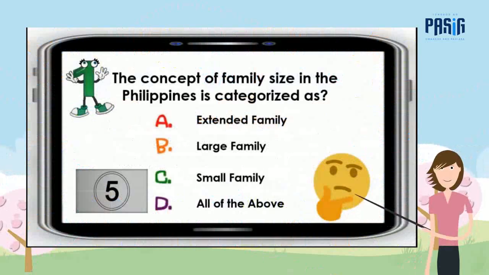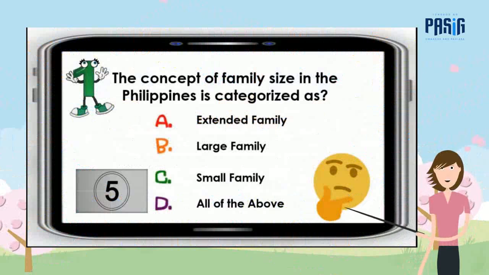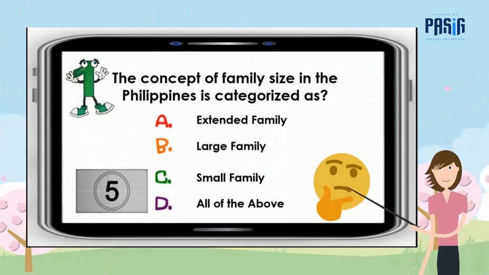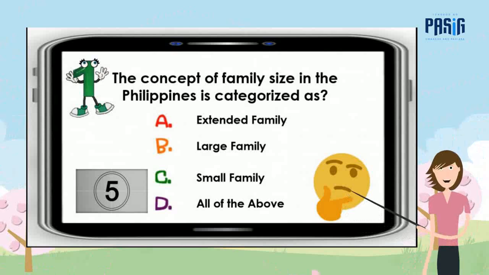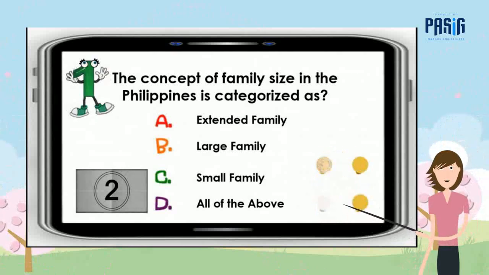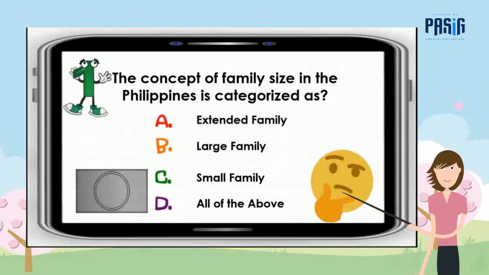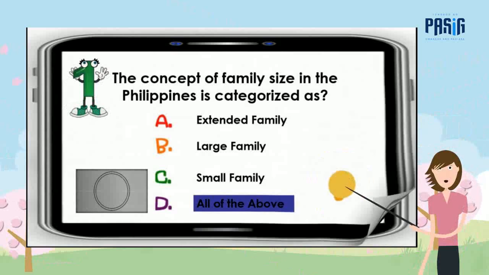For number 1, the concept of family size in the Philippines is categorized as: A, extended family, B, large family, C, small family, D, all of the above. The answer is letter D, all of the above.